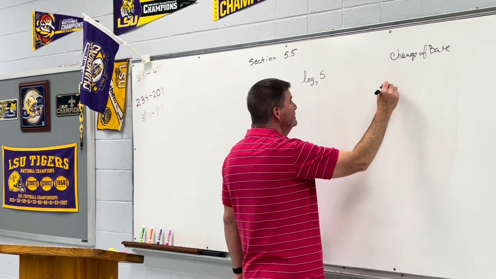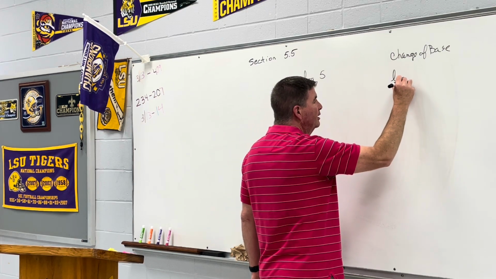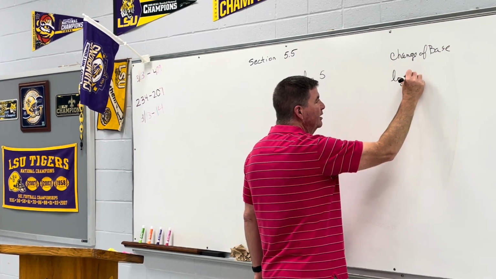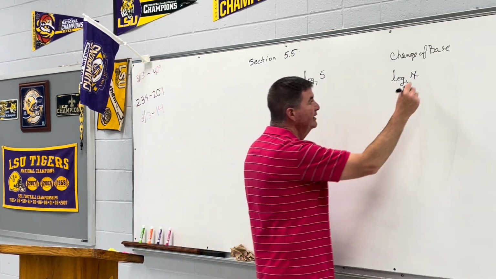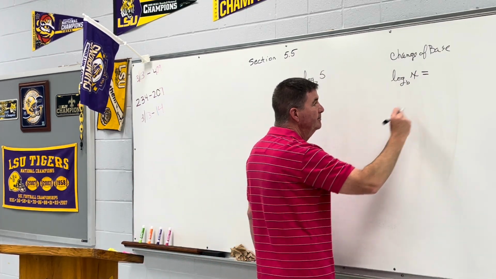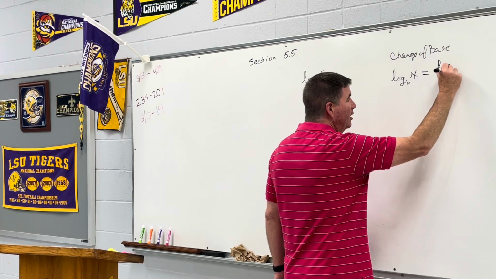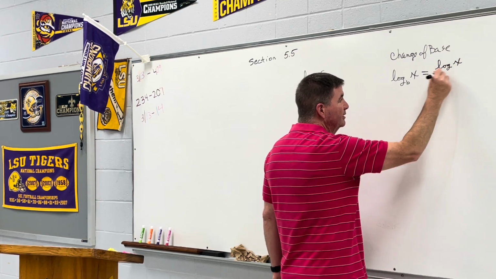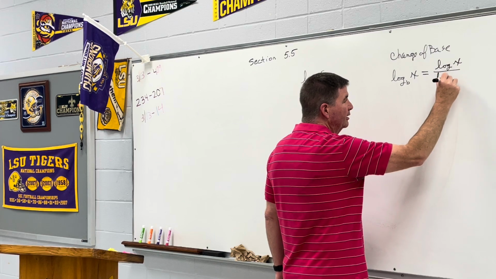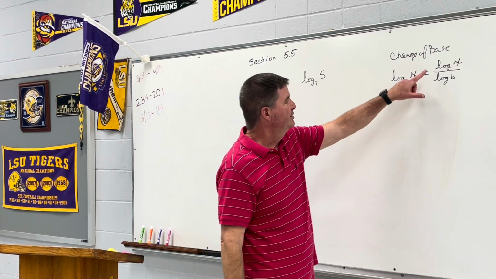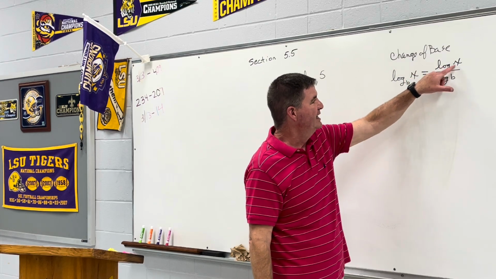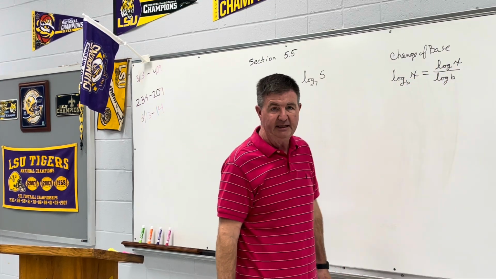It states that if we have log base b of x, then we can find the value by taking log of x over log of b. So our two numbers here, we would change to log, which is log base 10, of x over log base 10 of b.